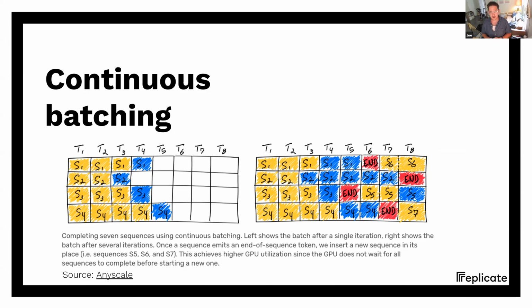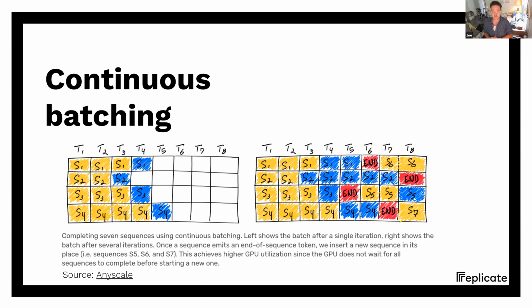I'll emphasize here that a consequence of continuous batching is that you can wind up with dynamic batch sizes. So if you have no requests, you might have a model sitting idle, with nothing in your batch. Say 1 request comes in. So then you have a batch size of 1. Then another request comes in. You have a batch size of 2.